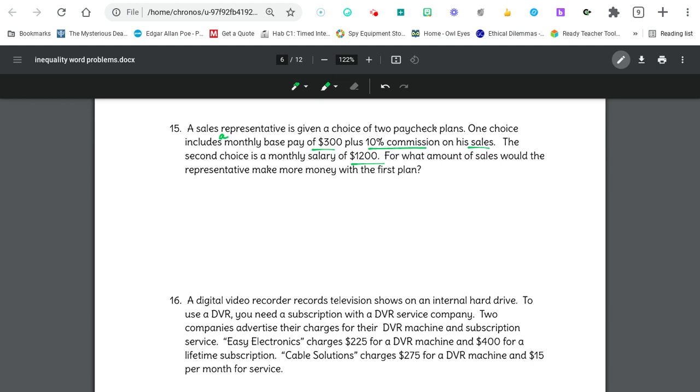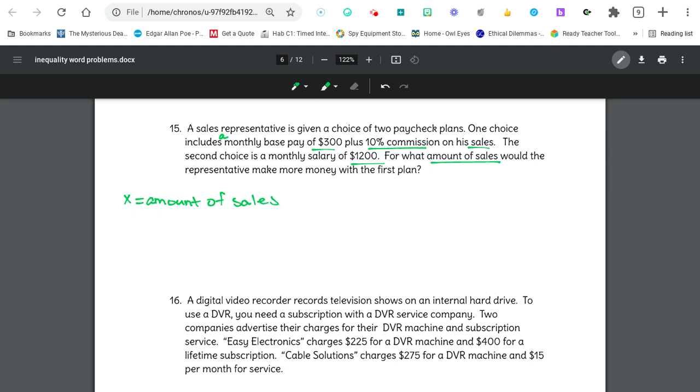All right, for what amount of sales would the representative make more money with the first plan? So amount of sales. Okay, so I'm going to let X equal the amount of sales. All right, so I got my 2 paychecks, and it says make more with the first plan.